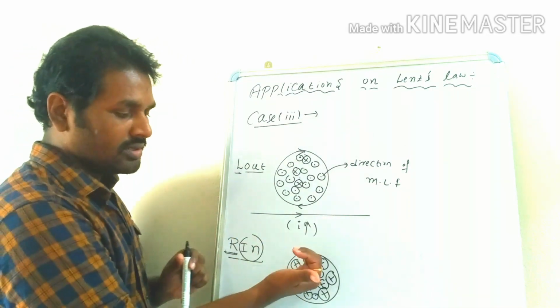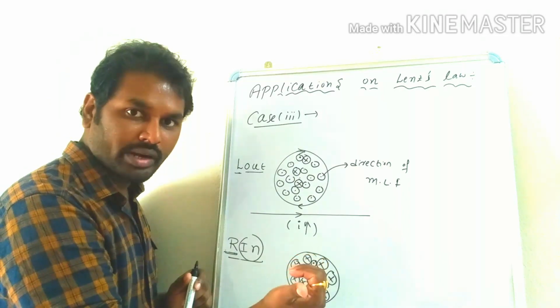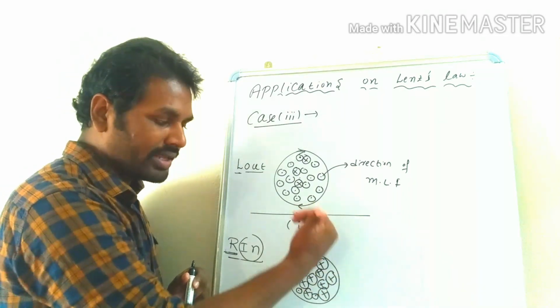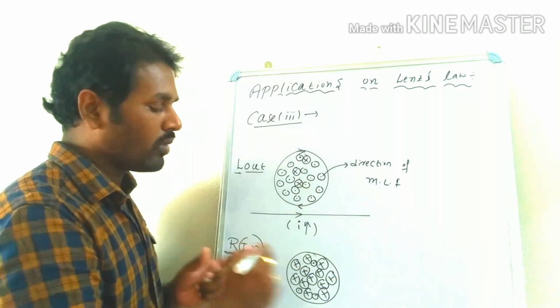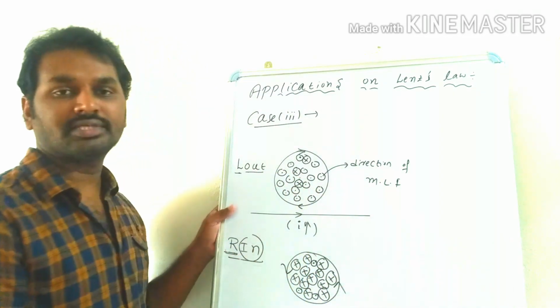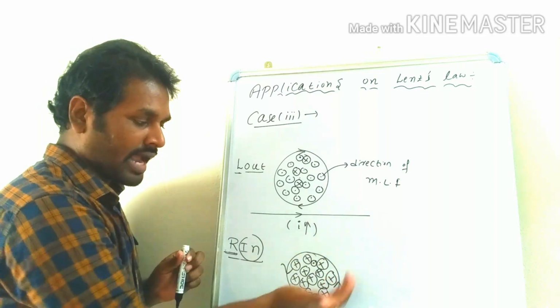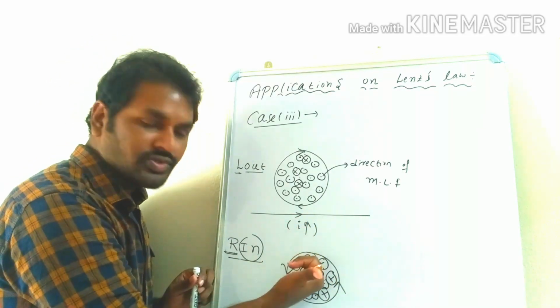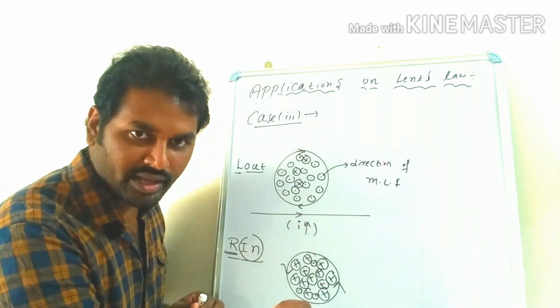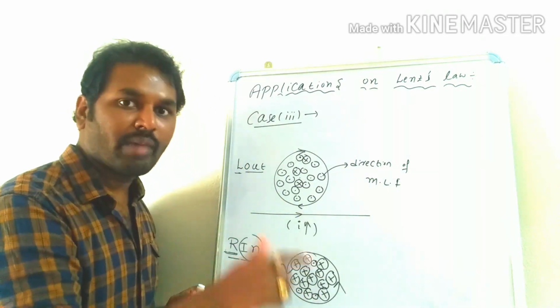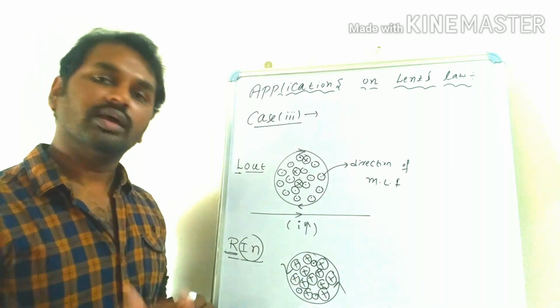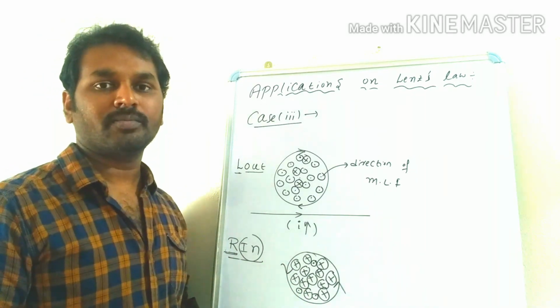If I take an outward direction, there you will get the induced current direction in the anti-clockwise direction in this way. So if the induced current is anti-clockwise, the induced magnetic flux is in the outward direction, which opposes the initial external magnetic flux due to the current carrying conductor.